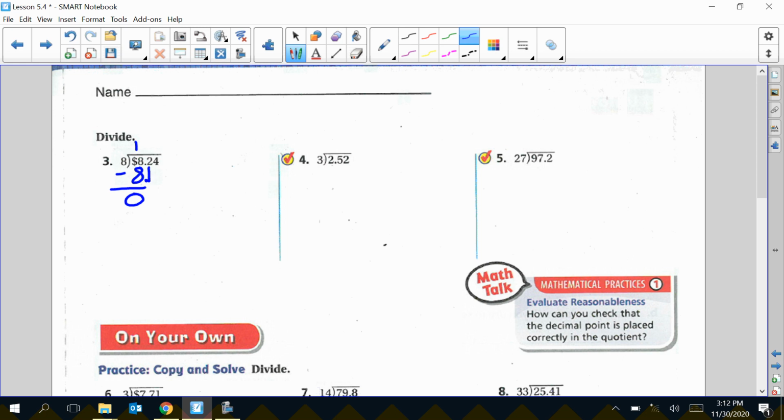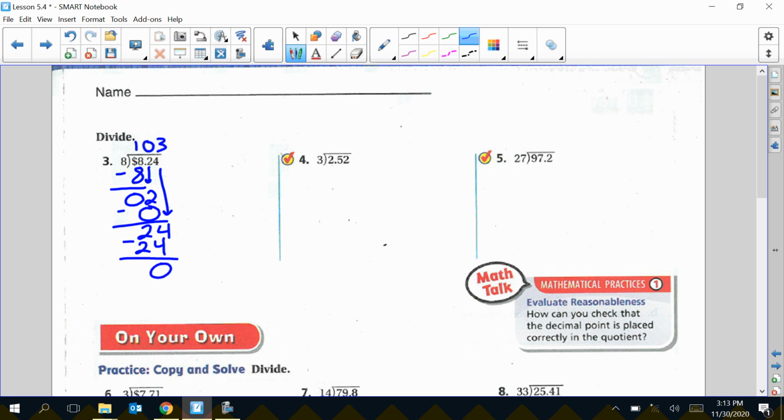You bring the next number down. 8 goes into 2 0 times, because 8 times 0 is 0. We subtract. We get 2. Bring down the 4. 8 goes into 24 3 times, because 8 times 3 is 24. We subtract, we get a remainder of 0.